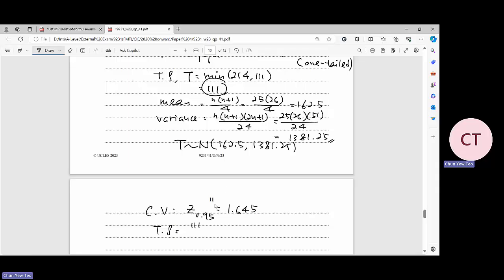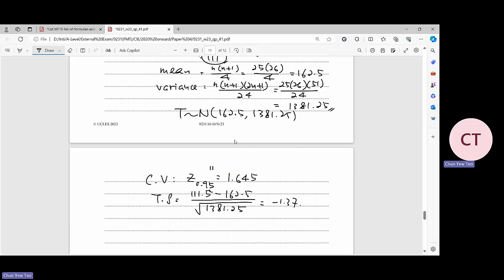But because this 111 is from the discrete one, the Wilcoxon one, and now we want to use a normal distribution, we need to do continuity correction. So the continuity correction will be 111.5 minus the mean, 162.5, divided by the square root of the variance. Then you get negative 1.37.